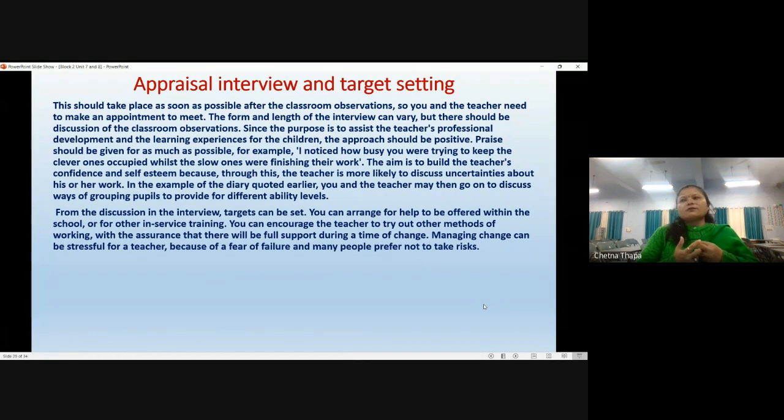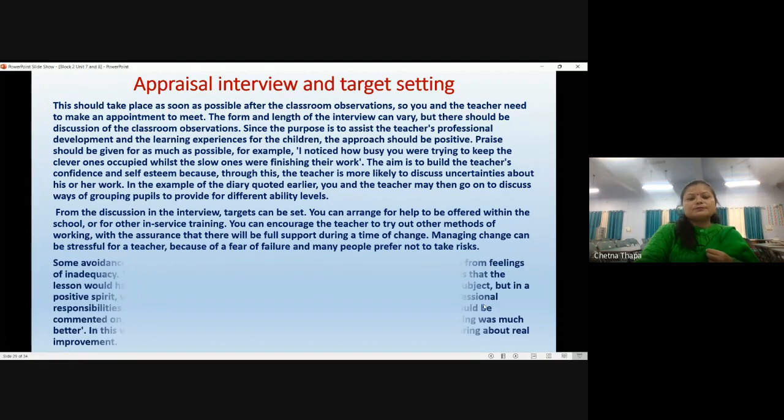Because if you ask him to change certain teaching methodologies or skills, that might be a stressful condition for the teacher, and the teacher might have a fear of failure, because nobody wants to take risk. People don't even prefer to take risk. But you need to encourage him, because you need to tell him that you will be there to help him for the in-service trainings, and you will be able to facilitate the individual.